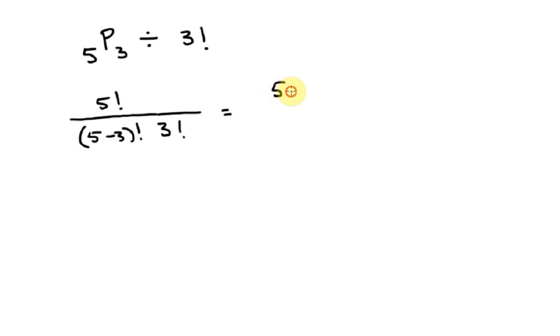I've got 5 times 4 times 3 factorial on the top. On the bottom, this 5 minus 3 is a 2 factorial. And then I have a 3 factorial. Let's cancel the 3 factorials, and I end up with 20 divided by 2. So there would be 10 arrangements where the order doesn't matter.